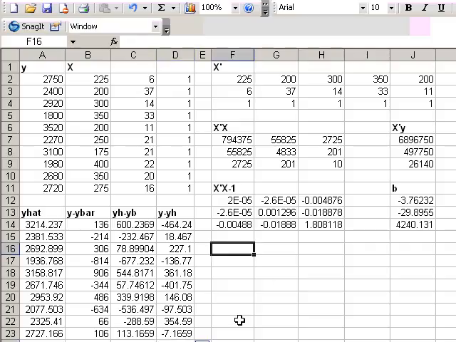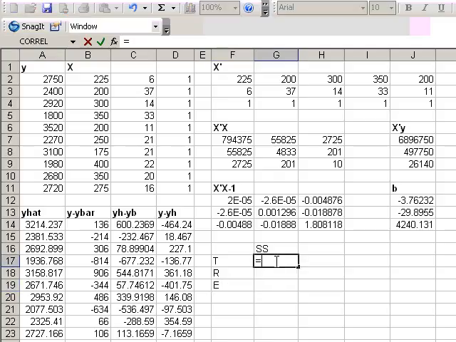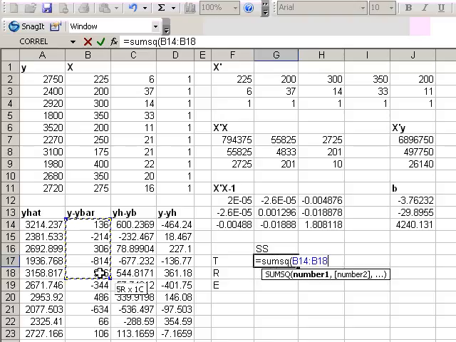Here we'll put the sums of squares. This will be total, this will be regression, and this will be error. The sums of squares total is equal to SUMSQ of y minus y bar.